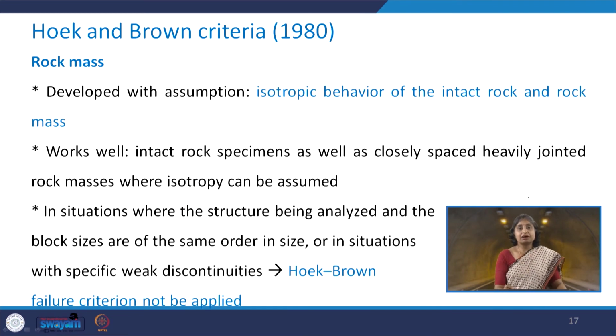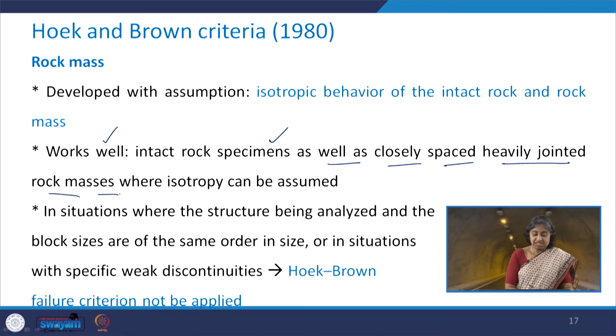Now, when the Hoek and Brown criterion was applied for rock masses, the assumption involved was that the behavior of the intact rock as well as the rock mass will be isotropic. Therefore, the criterion works very well for the intact rock specimens as well as closely spaced heavily jointed rock masses, where you can assume isotropy.